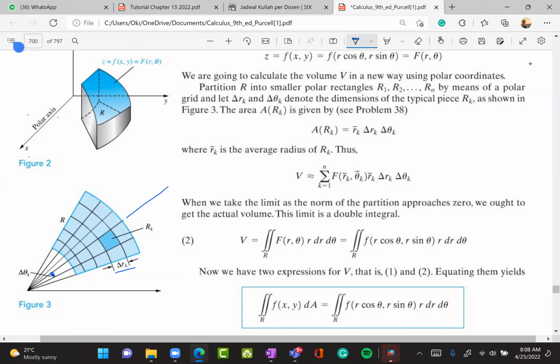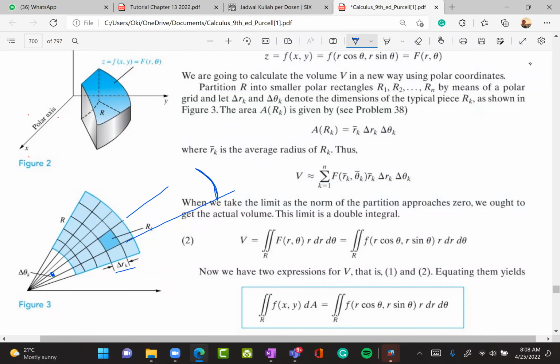Farther away from zero, this arc is bigger. So depending on the distance from the origin, the farther away from zero, the bigger it becomes. So it depends on r, the distance from zero.